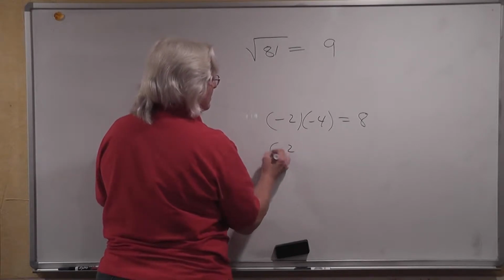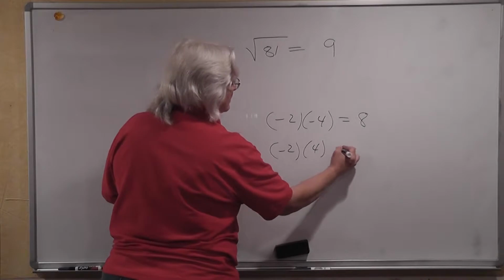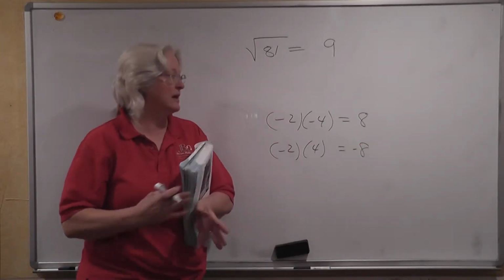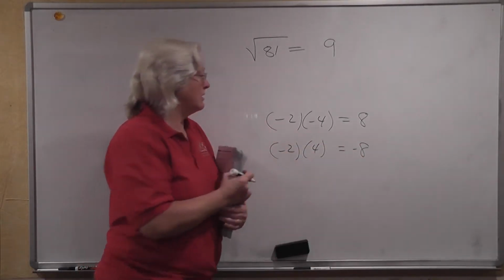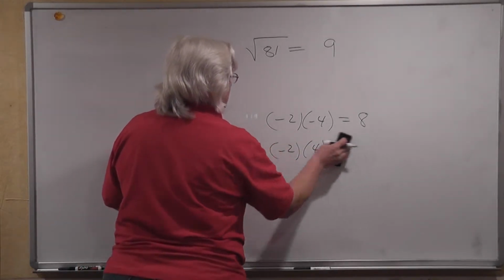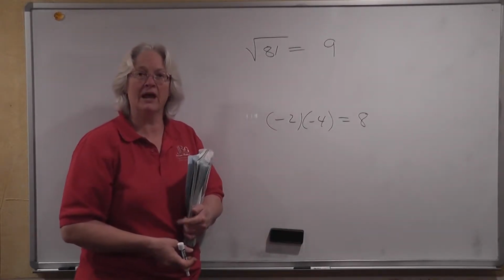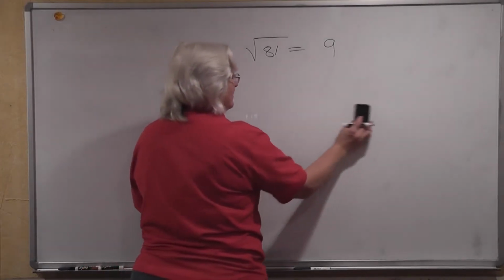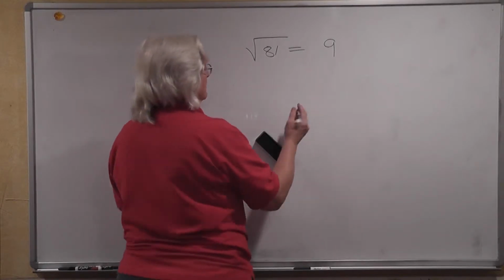But if you had one negative and one positive factor, you always ended up with a negative product. What we want to focus on here is negative 2 times negative 4 is equal to 8. So when you take the square root of a number, we're looking for two factors, right?